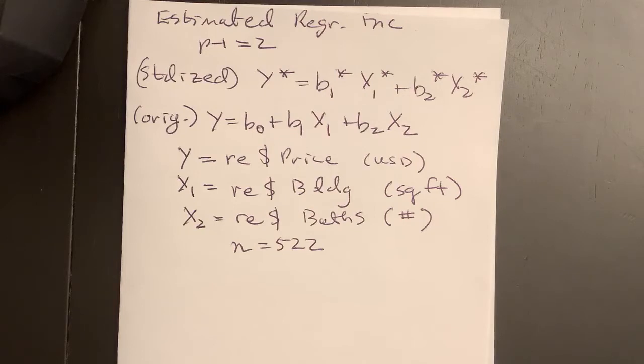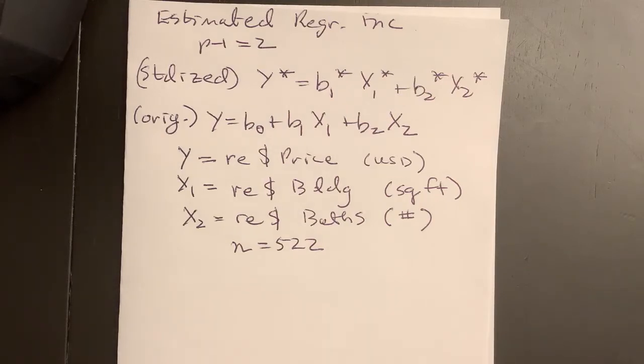So when y star increases by 1, that corresponds to y increasing by sy, one standard deviation. If x1 star decreases by 2, that corresponds to x1 decreasing by 2 s1, twice its standard deviation. So we'll see this in some detail now.